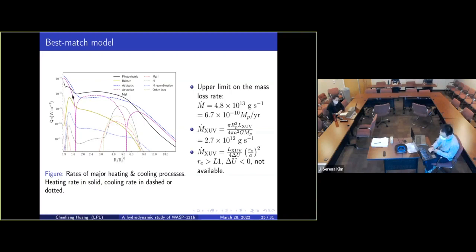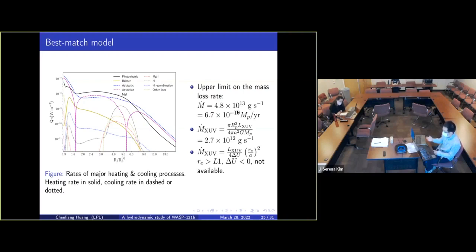So again, this is the heating and cooling profile of the best match model. Again, the Balmer continuum is not the dominant heating channel. Actually, over here, the metal species are the dominant heating channel. That metal heating is not included in the Garcia Muñoz work. With this model, the mass loss rate is much lower now.